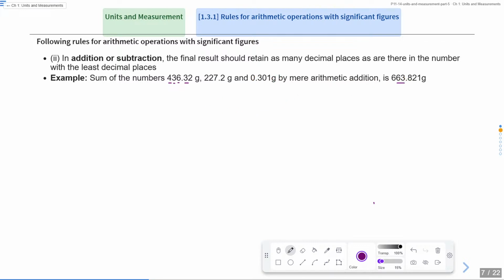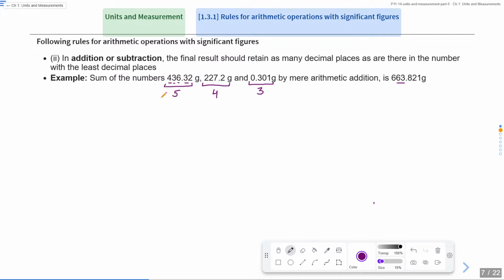Now tell me, in 0.301 gram, how many significant figures? 3. In this 227.2, 4.